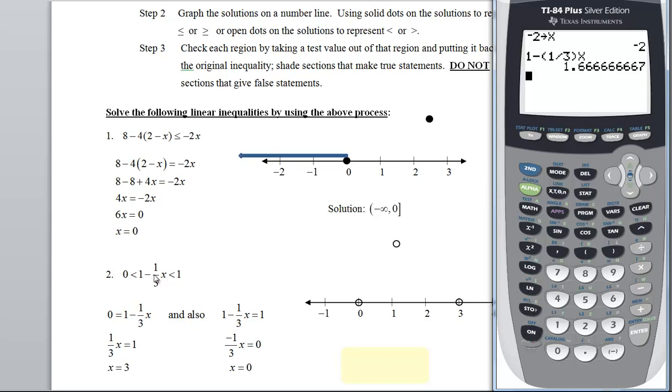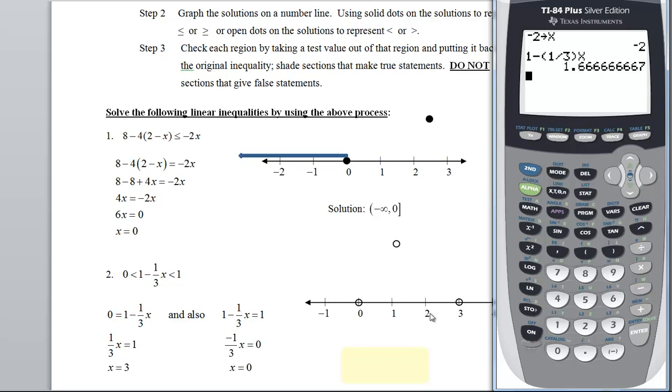So 1.7 goes in here in the middle. So 0 is less than 1.7. 1.7 is less than 1. Now in order for this statement to be true, this number here has to be between 0 and 1. And 1.666 is not. So this number over here gives me a false statement. So don't use that one.